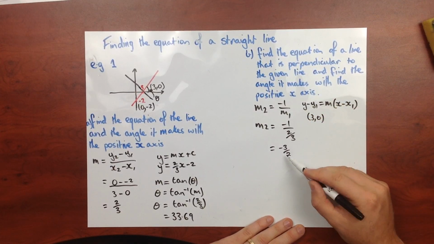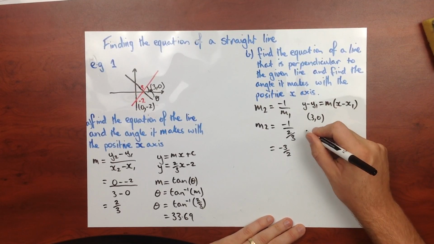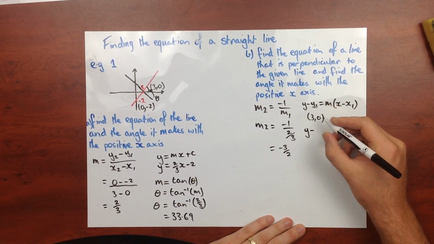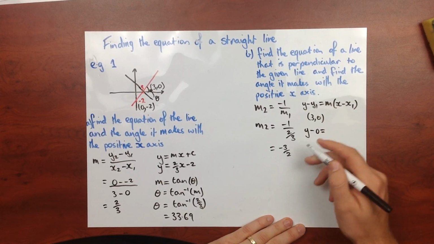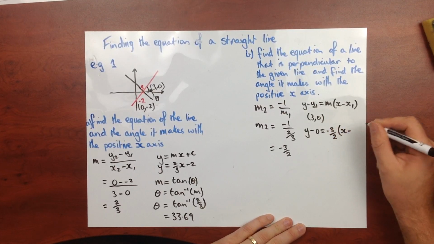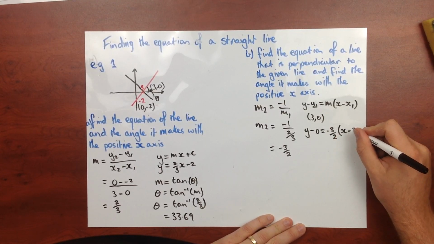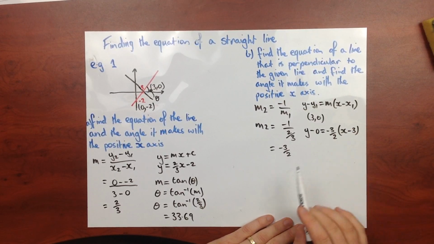Now it's simply a case of using our gradient and our two values in here. So we have y minus y1, which is 0, equals m, which is this value here that we worked out, -3/2, times (x minus our 3). And then it's just a matter of rearranging and expanding our bracket.